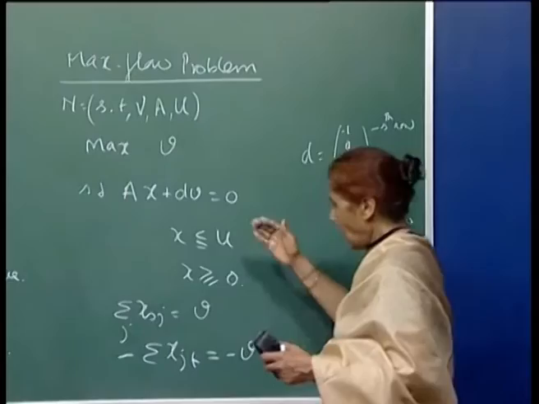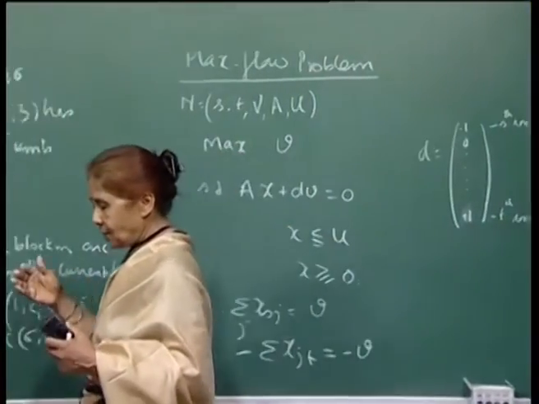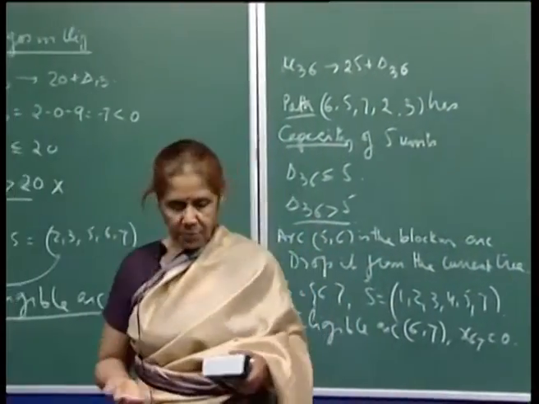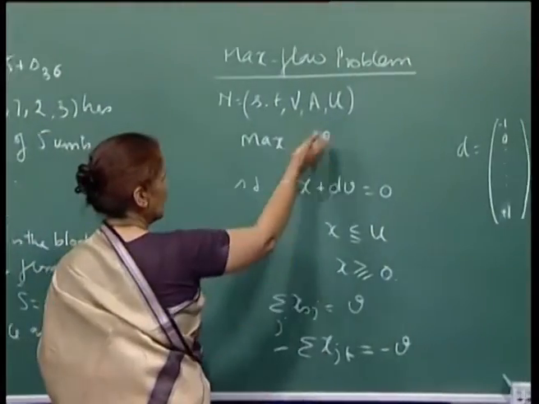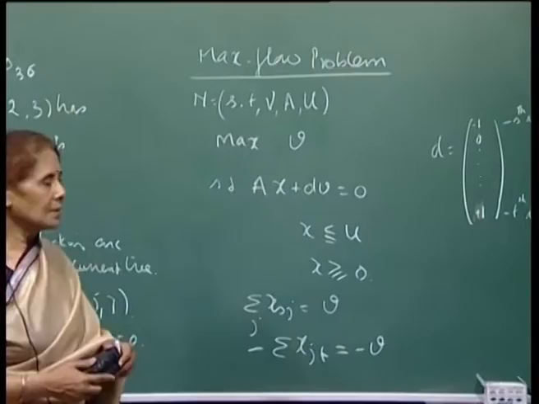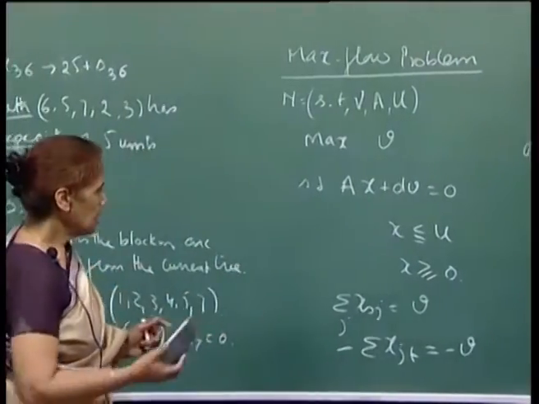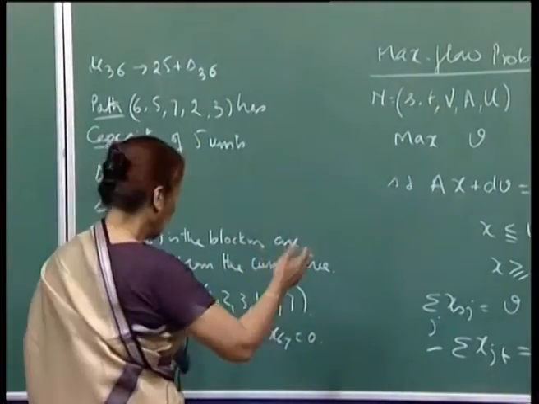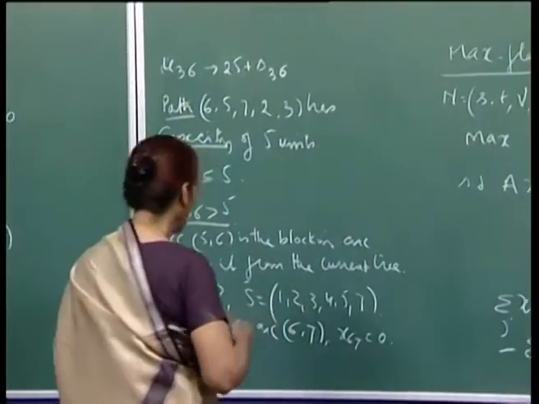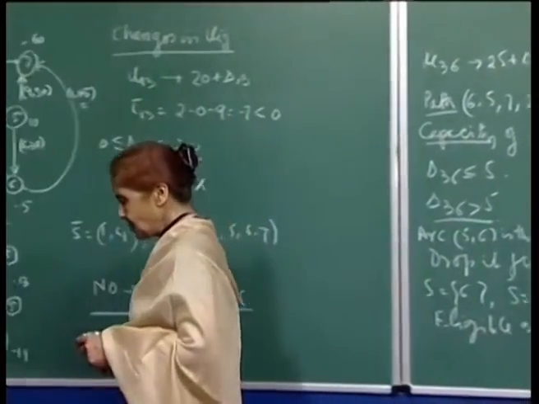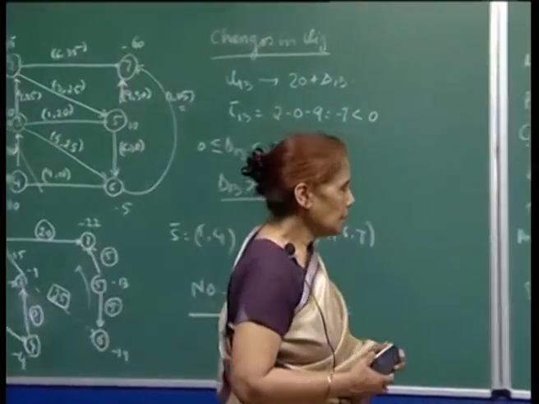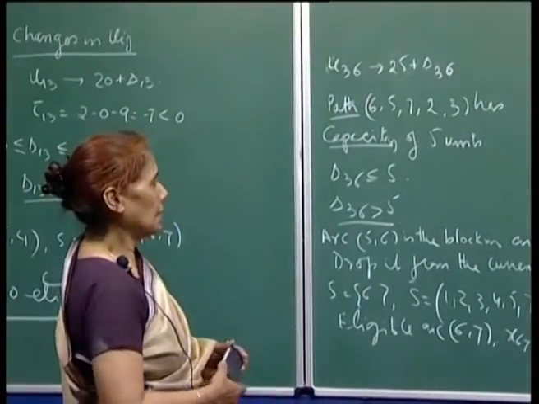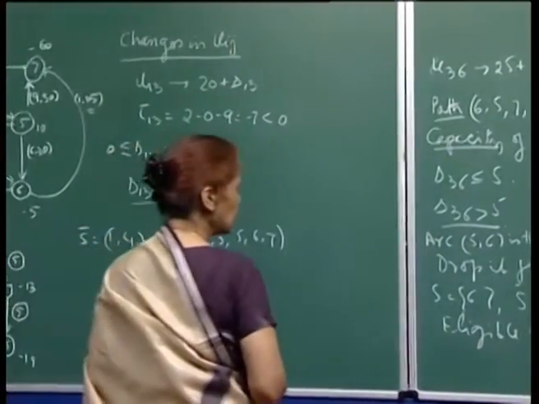Now, it depends on how I look at this problem, whether I call it a primal problem or a dual problem, but of course, so far our convention has been that a maximization problem we treat as a dual problem. So, let us just look at this problem as a dual problem, and then let me show you what happens when I try to solve the problem by the primal dual algorithm, and there will be a very interesting interpretation for this.